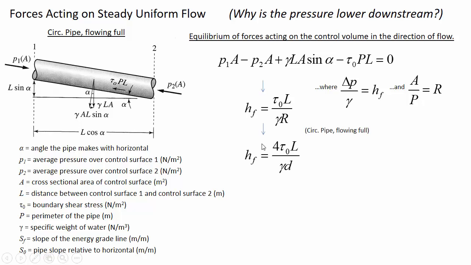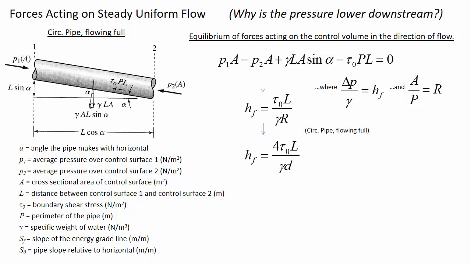For the geometry of a circular pipe flowing full with diameter D, the hydraulic radius is the area divided by the wetted perimeter. The area of a circular pipe is pi d squared divided by 4. The perimeter, going around the outside edge, is just pi d.